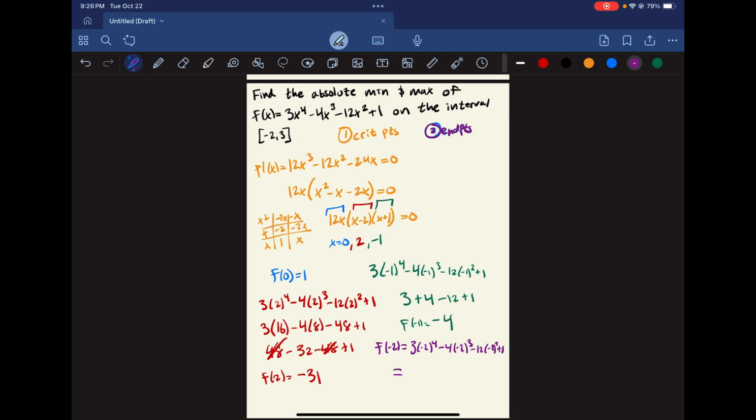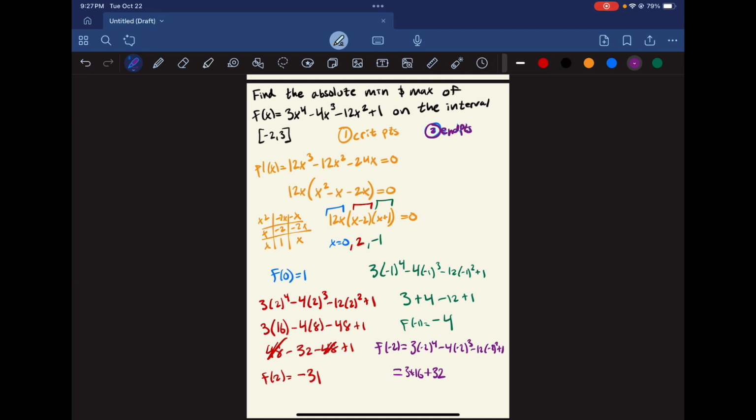Negative 2 to the 4th power is 16, so 3 times 16 is 48. Then it would be a plus because we'd have an odd power: negative 2 to the third power is negative 8, times 4 is 32.